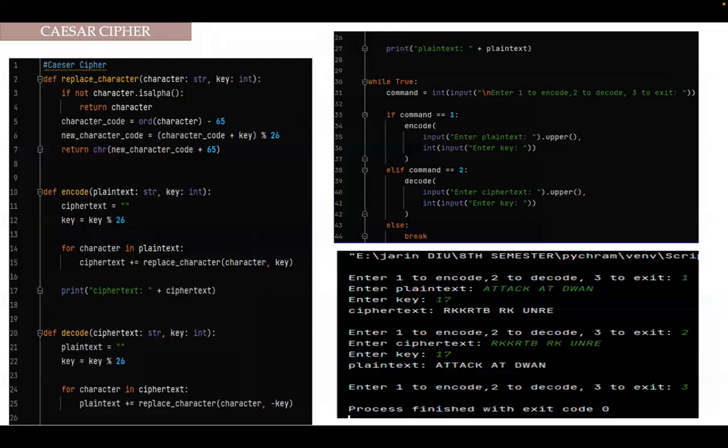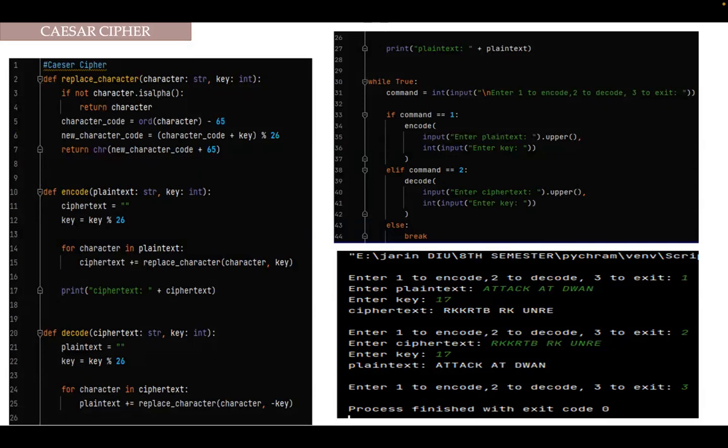Now we can see the code of our Caesar cipher. In this code, we take our characters as a string and the key as an int, and we have our ord character from which we subtract 65, as 65 is the ASCII value for capital letter A, which is understandable for the computer.